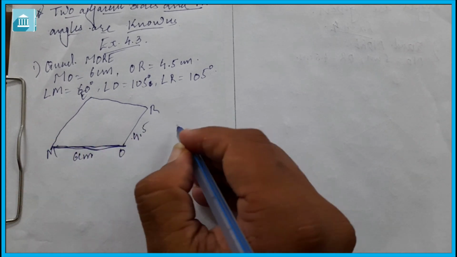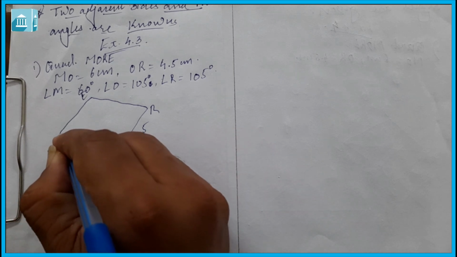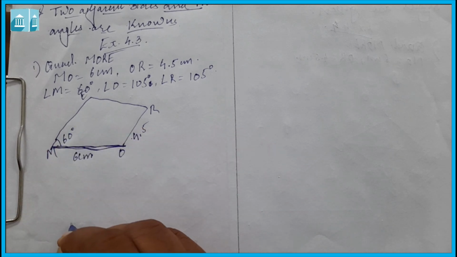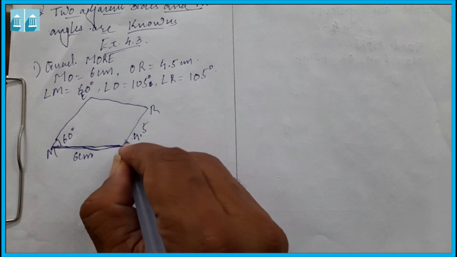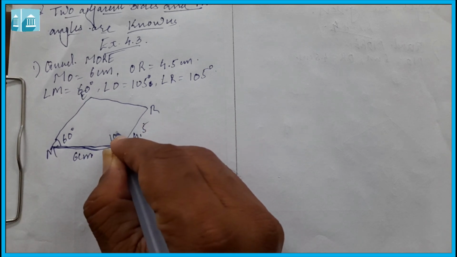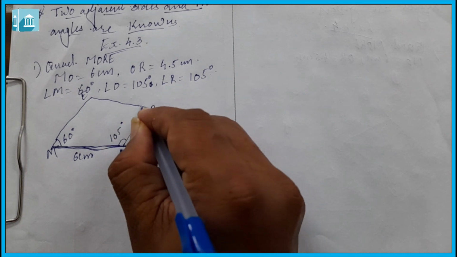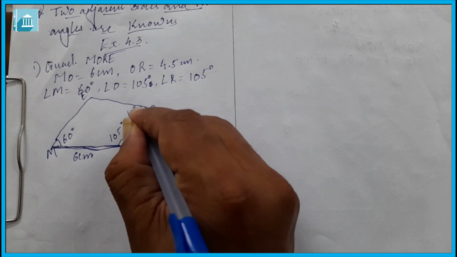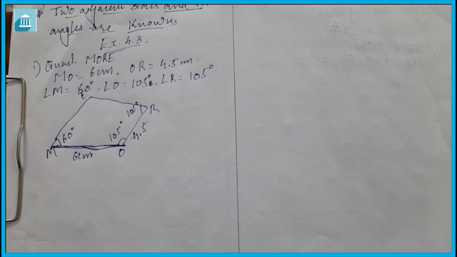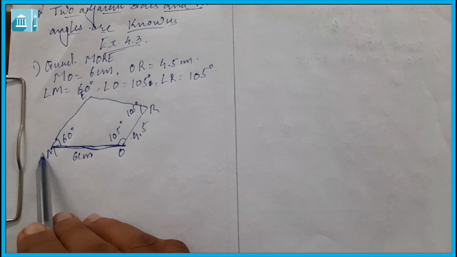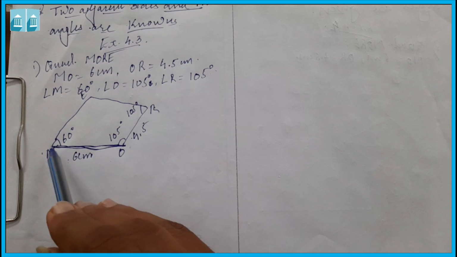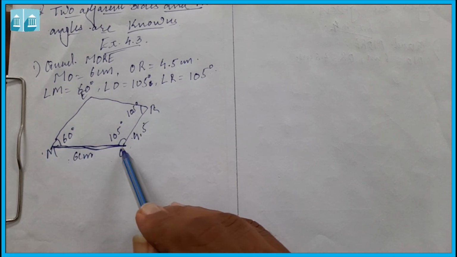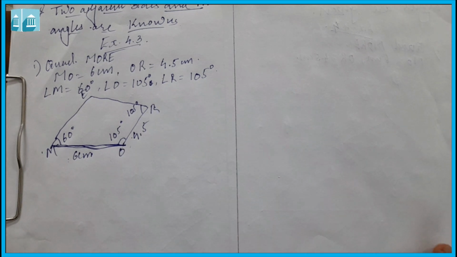Angle M is 60 degree, angle O is 105 degree, and this is also 105 degree. Two sides, MO and OR, and three angles, angle M, angle O and angle R, are given.